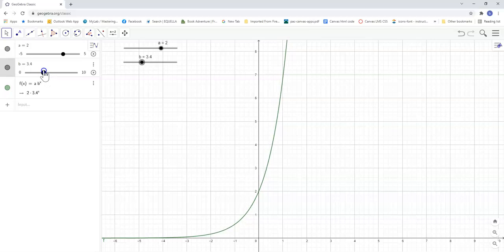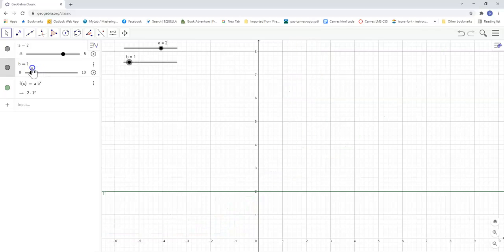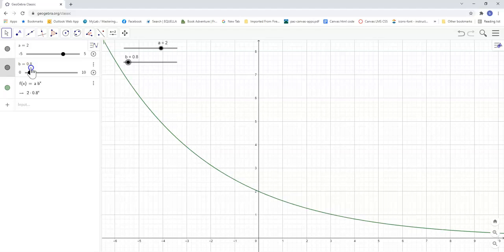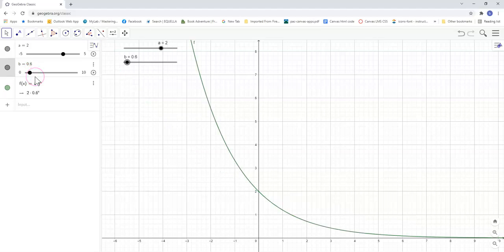And if I try a b that is smaller than 1, that means my growth factor is less than 1, and that causes my function to decrease rather than increase. So if my growth factor is 0.5, for example, it means my exponential function gets to be half as big for each x value. So just a quick review of how exponential functions work. We're going to be using them quite often in this class.